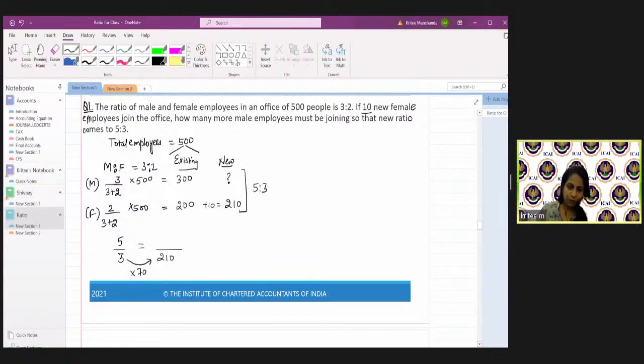So if 3 is multiplied with 70 to get to 210, 5 can be multiplied with 70, and the new number of male employees is 350. This is the total male employees, out of which 300 are existing ones. So how many more? I need 50 new male employees. That's what we are doing.